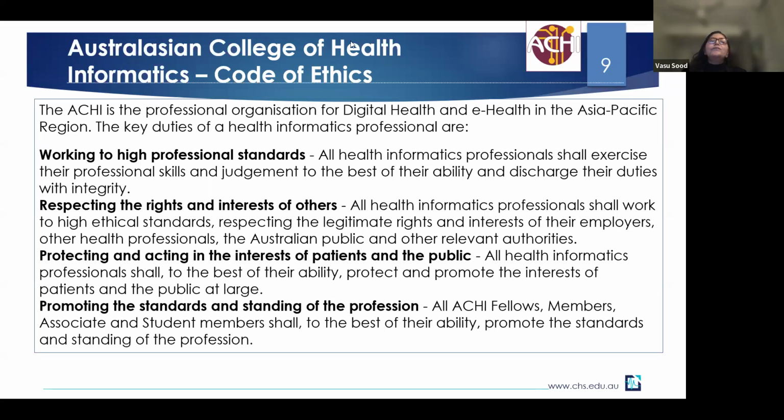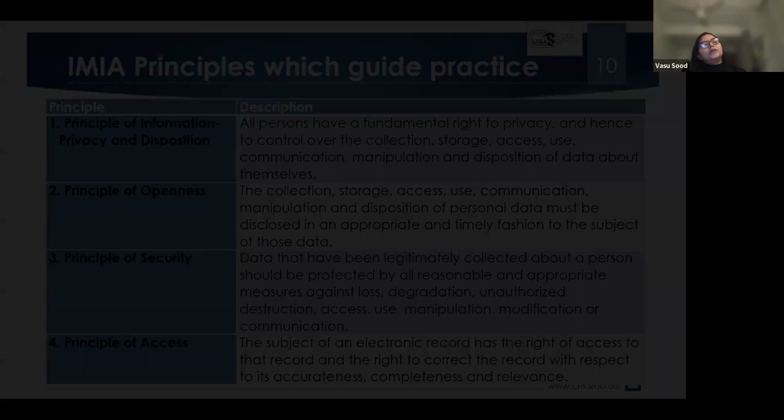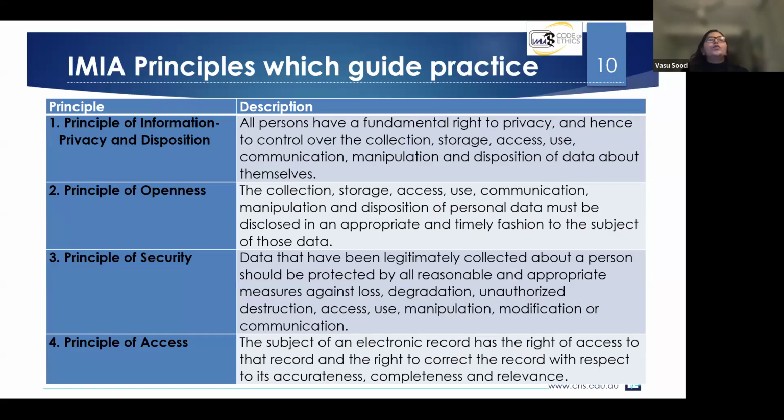For professionalism and respect for rights, we can say that it is somewhere reflecting the principle of access and accountability. Only the persons who are allowed to access those data will have access to those data. Unauthorized persons cannot access the data.